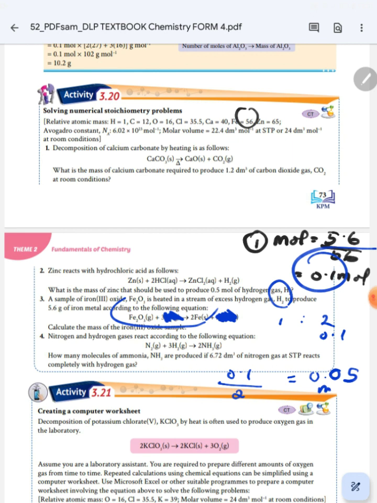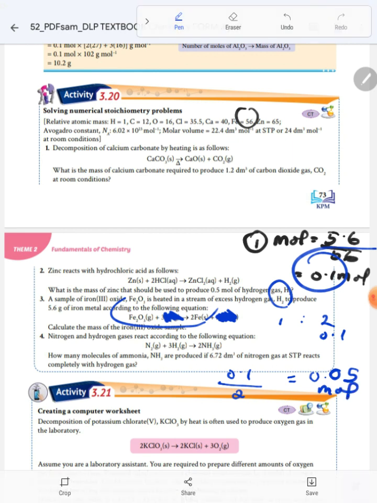You need to recalculate using a calculator. This one I did not use a calculator. I think my answer 0.05 is correct. So what is 0.05? Is it the number of mole of iron? Wait. The iron oxide, sorry. 0.05 mole is actually the number of mole of iron 3 oxide.